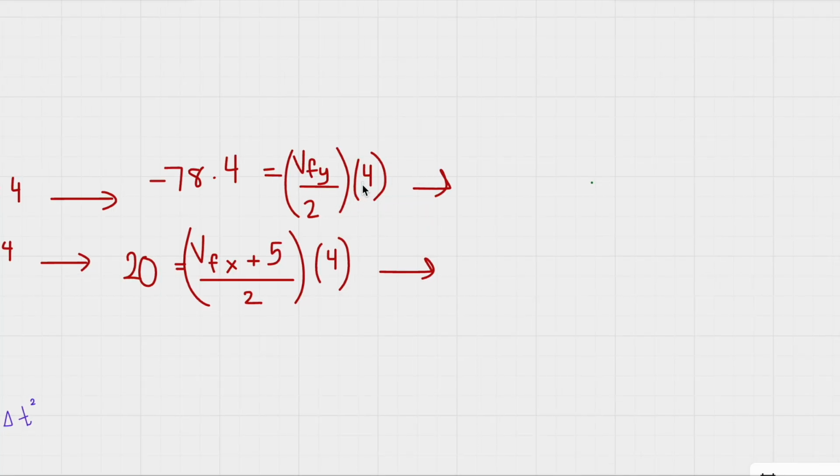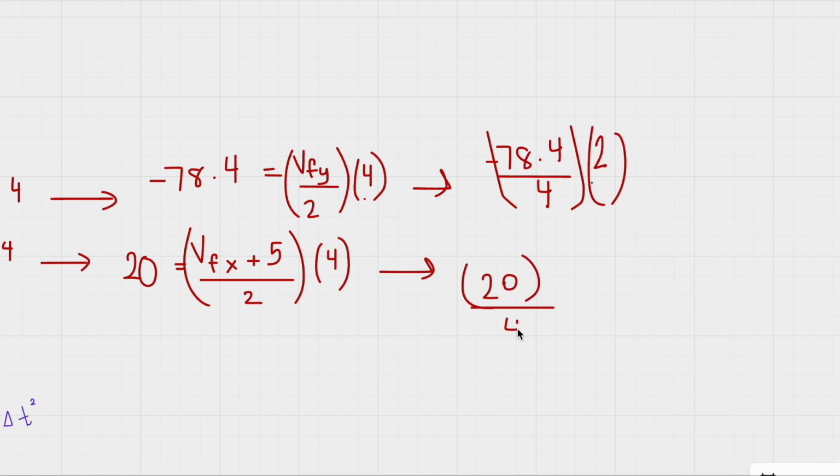Now to simplify these, we're going to move over anything that's multiplied like the 4's and divide them on the other side of the equal sign. Anything that's divided like the 2's will be multiplied on the other side. So we would have 78.4 divided by 4 times 2, and 20 divided by 4 times 2.